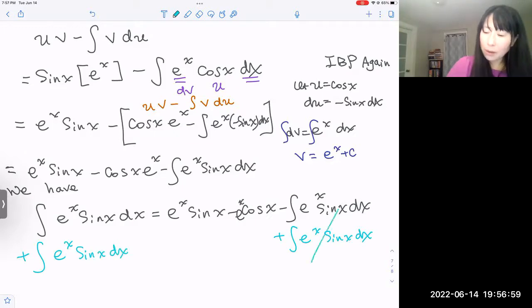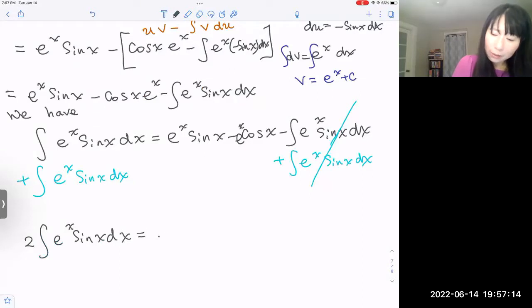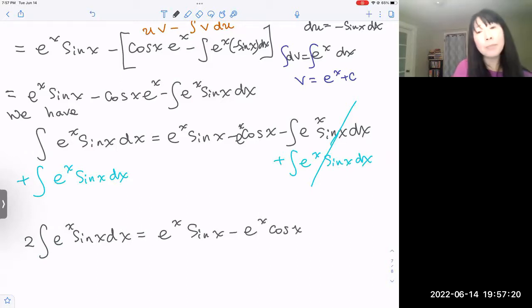Then we can simplify. Now we have two of them, right? So we have 2 of e to the x sine x dx. Then we have e to the x sine x minus e to the x cosine x, right?